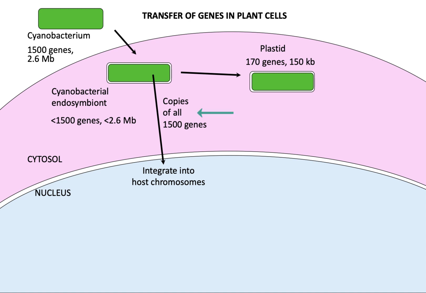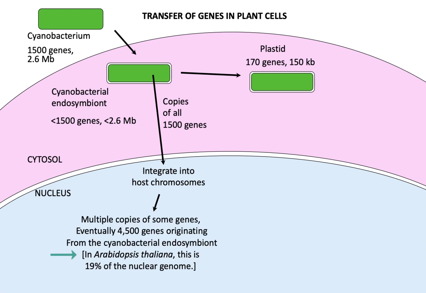So copies of all 1,500 genes, or at least most of the 1,500, moved into the host chromosome. And by the time you had a plastid, only 170 genes remained out of the 1,500, and the genome was reduced from about 2.5 million base pairs to about 150,000 base pairs.